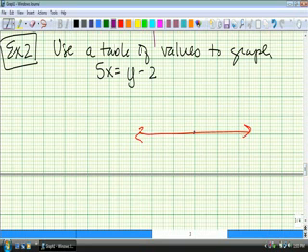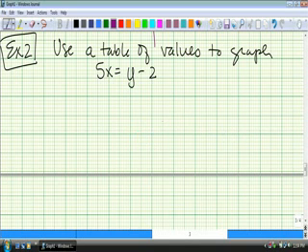Infinity, right? Because if I put a point here and here, I can always put points in between those. There are millions upon millions of points on a line.